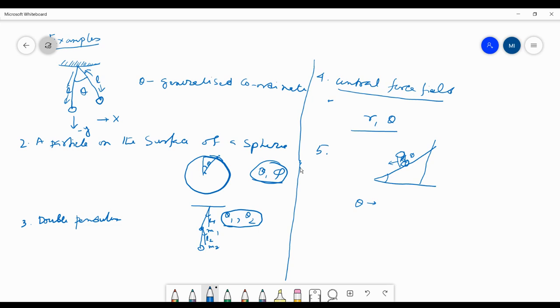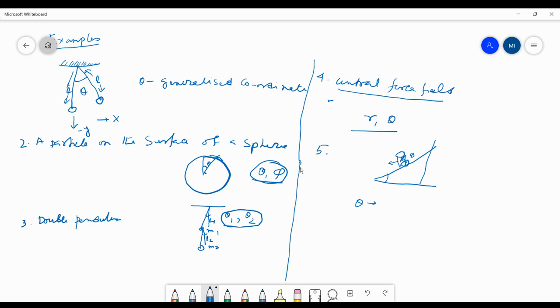One, these are the minimum number of coordinates, which means we are considering the forces of constraint, so the number of degrees of freedom has been reduced.